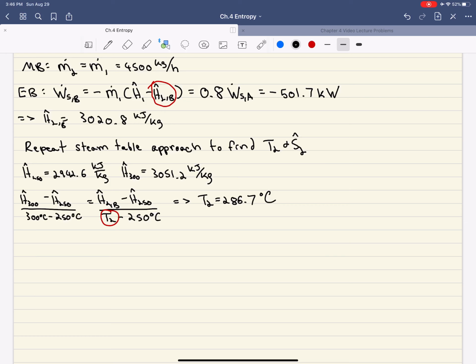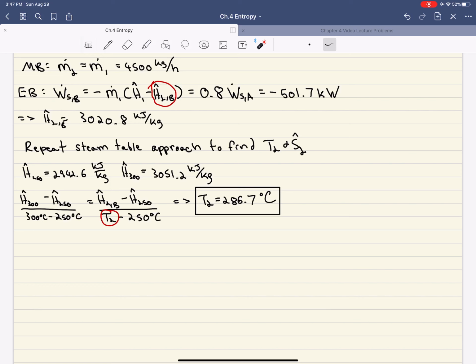We see that when we operate at lower efficiency, the steam leaving the turbine is at a higher temperature than if our turbine operated at maximum efficiency. Not all of the possible energy got extracted, so some of that energy still remains with the steam, and that's why it's at a slightly higher temperature.